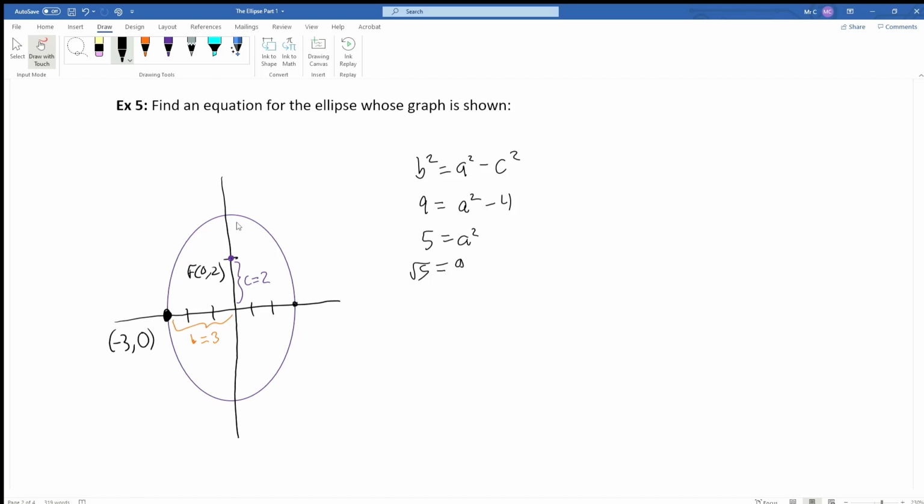And this is a vertical ellipse, so our equation should look like x squared over b squared plus y squared over a squared equals 1. So that's x squared over 9 plus y squared over 5.